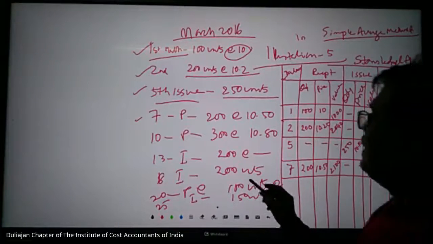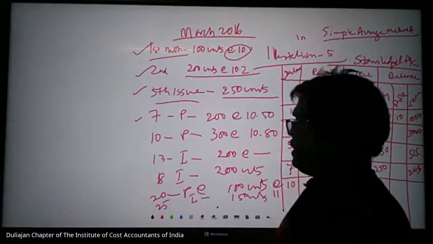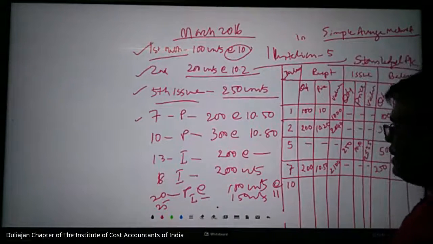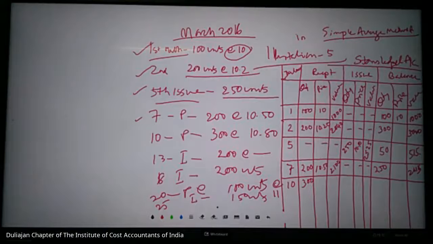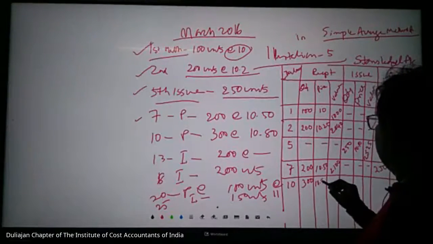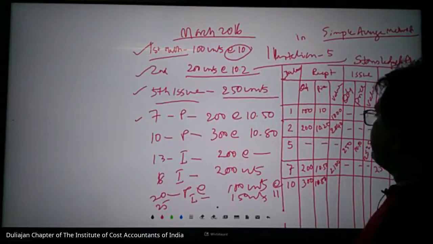7th is done. Again on 10th I am having a procurement. On 10th I am purchasing 300 units, and the rate is 10 rupee 80 paisa.